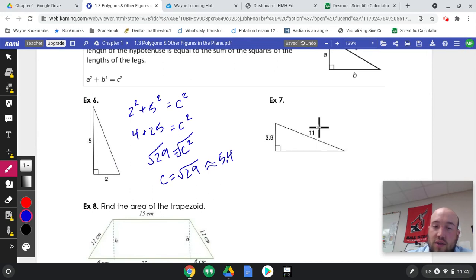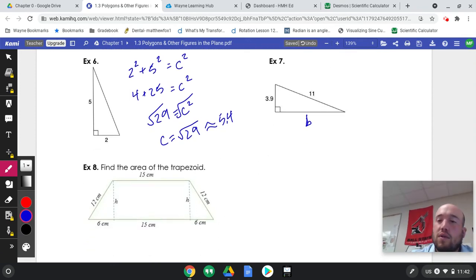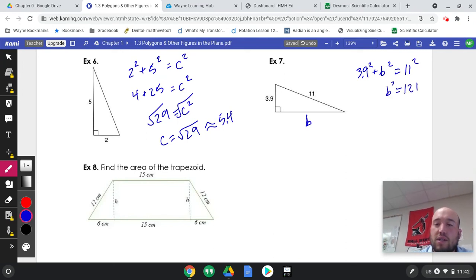Now on this next one, example 7, this missing side is down here. That's not the hypotenuse. It's either a or b. Our hypotenuse has to be 11 because it is opposite of the right angle. So I'll do 3.9 squared plus b squared equals 11 squared. Hopefully we know 11 squared is 121, but I don't expect you to have 3.9 squared memorized.